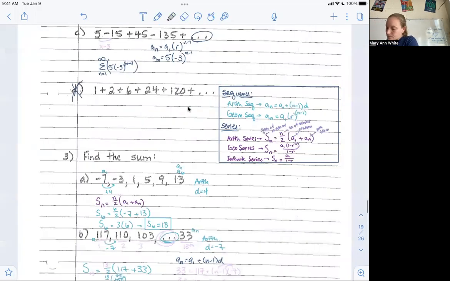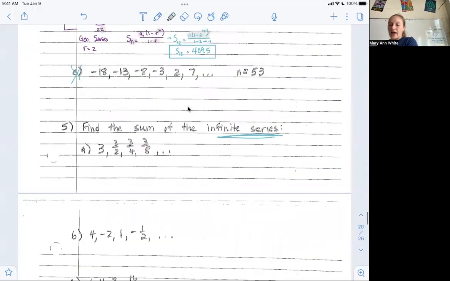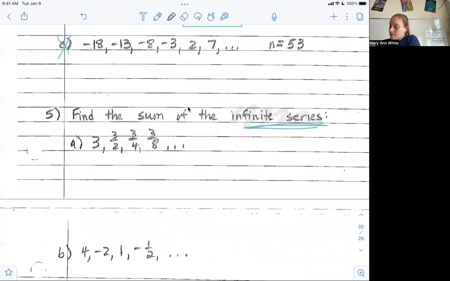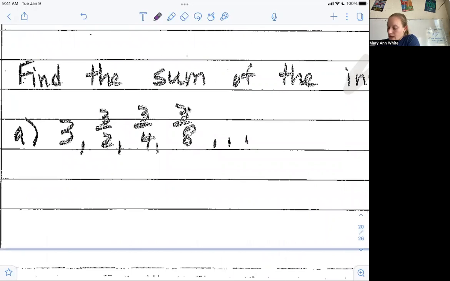Okay. If you look at number 5, that next set of directions says infinite series. That's my cue to use this new equation. So S of n equals A sub 1 over 1 minus R. I know what A sub 1 is, just my first term.